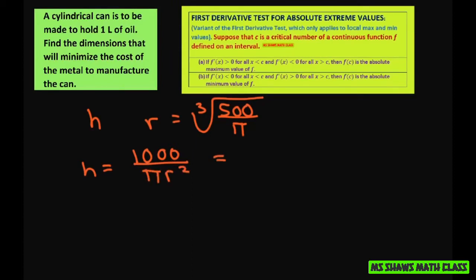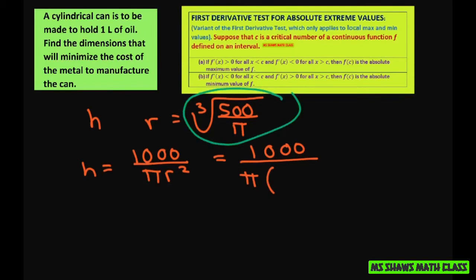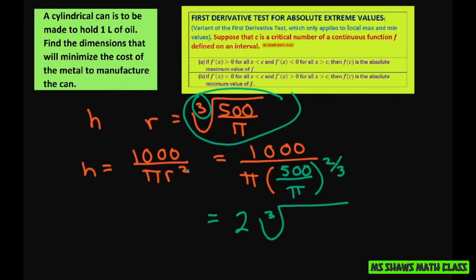So that's going to give you 1000 divided by pi times your r, so plug that in. That's going to be 500 divided by pi, to the 2/3, since it's squared but it's the cube root. So this is going to equal 2 times the cube root of 500 divided by pi, because that cancels out.